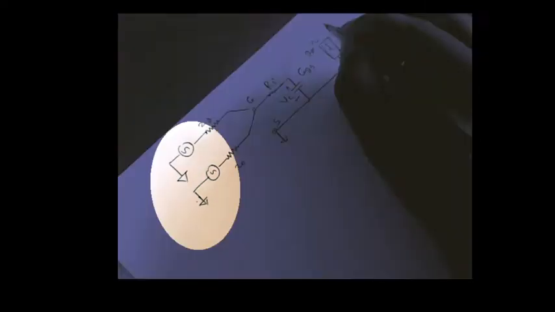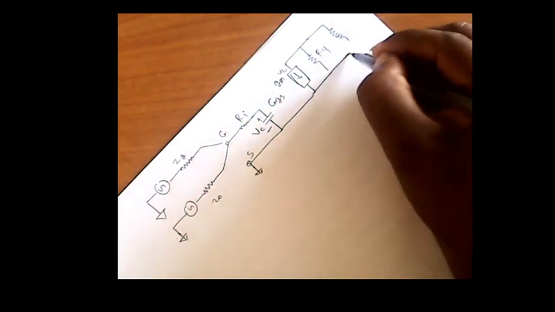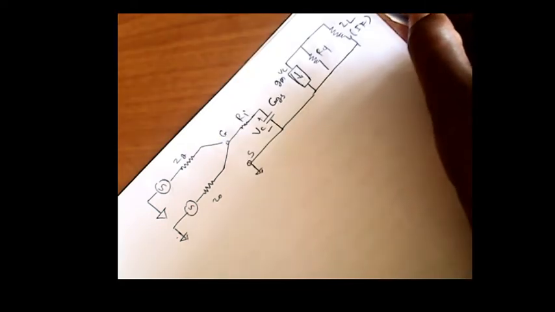Then the current source gm into VC, the drain resistance, that is RD, and the load impedance, that is denoted by ZL, which generates the intermediate frequency.